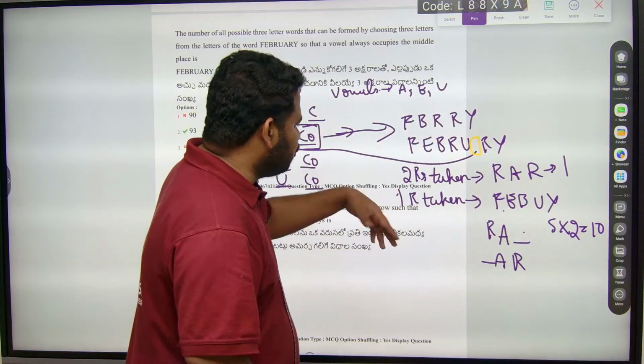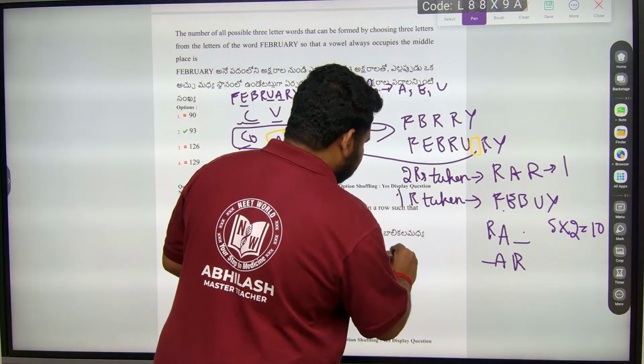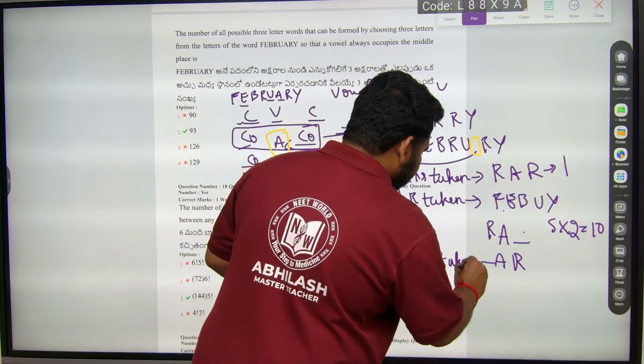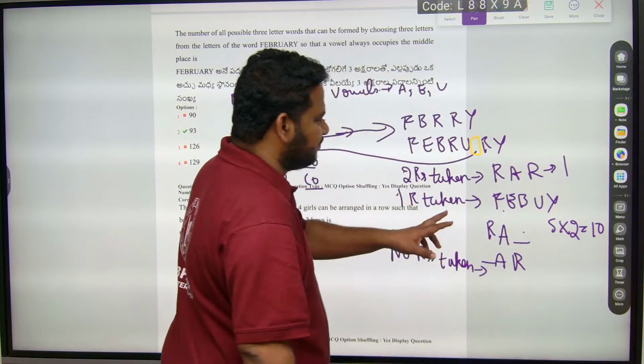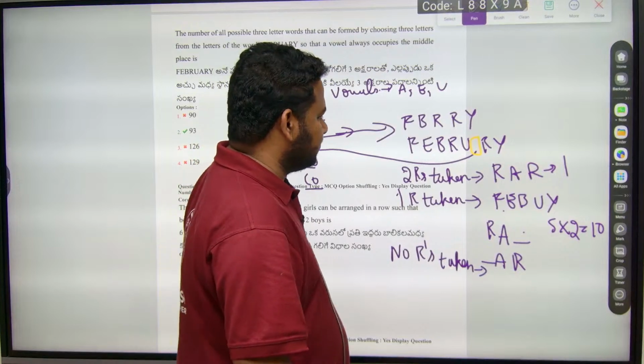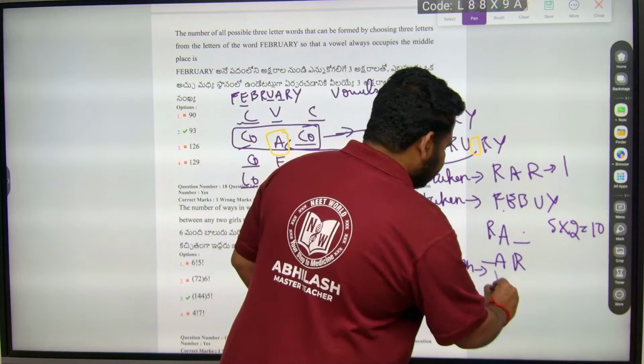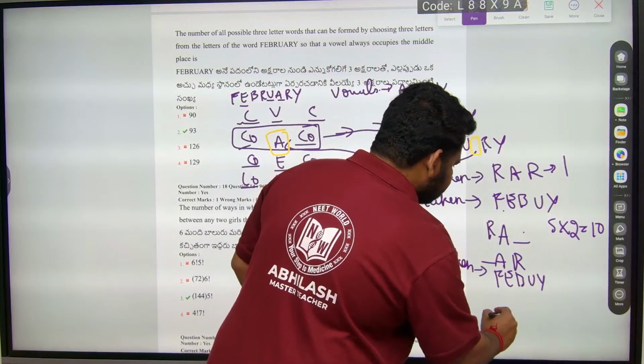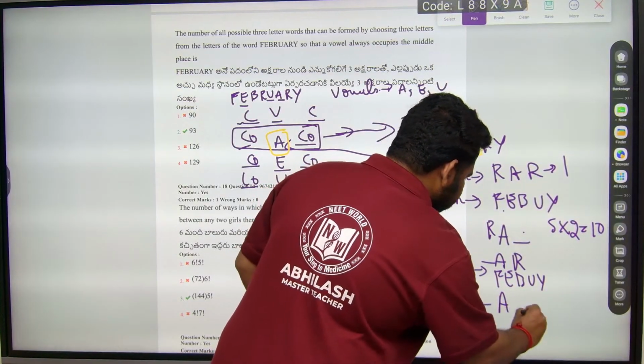Now, if no R is taken at all, what is left? If no R is taken, we will have F, E, B, U, Y. Out of this, A is taken, and here some other letter is taken.